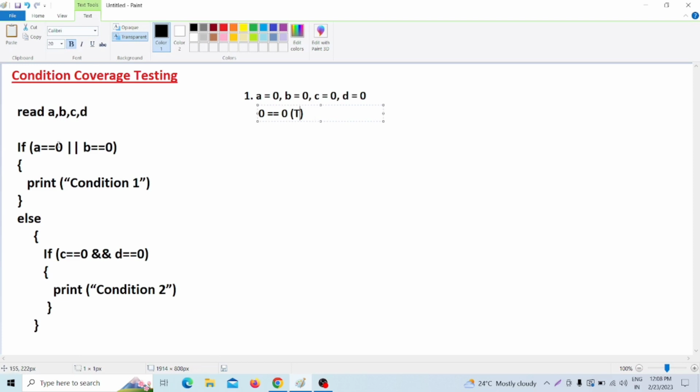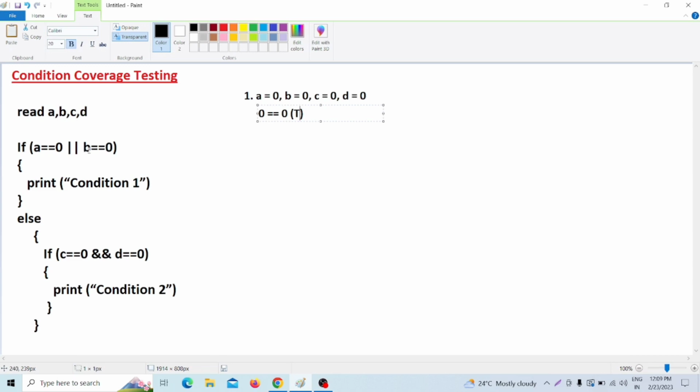Here this is the left hand side and this is the right hand side. Putting A equals 0 here means 0 equals 0, so it's true. If in an OR operator the left side is true, we will not check the right side. This is the rule of the OR operator.